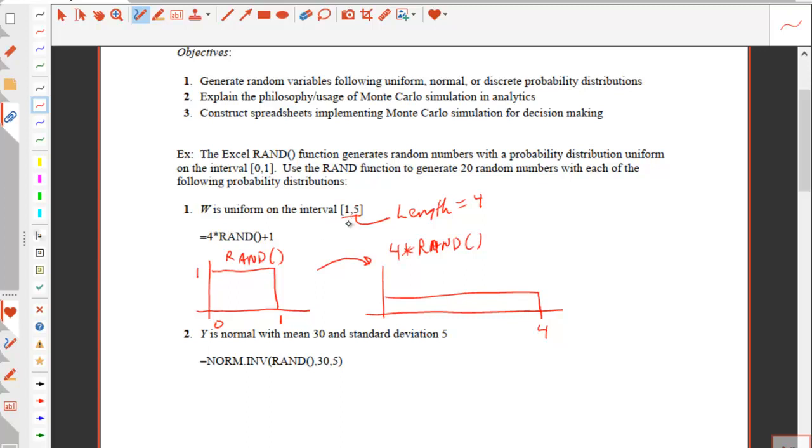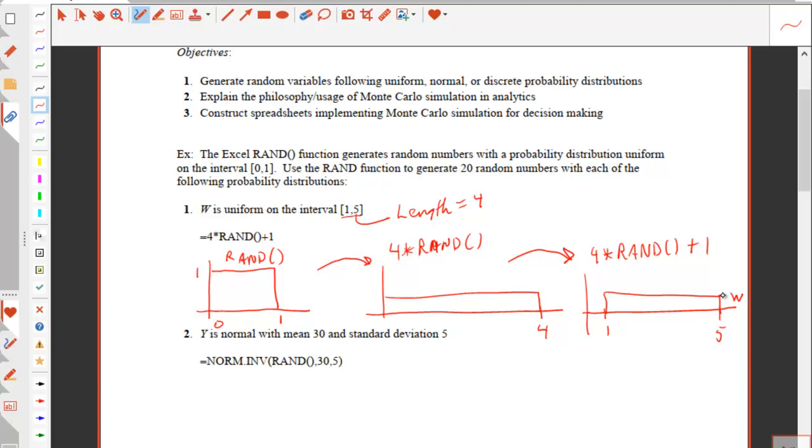But I didn't want 0, 4, I wanted 1, 5. And so if I take this interval and scoot it over by 1, then I will get the random variable w that I was talking about that is uniform on 1 to 5. So what I really want to do is 4 times RAND to get the right length first, and then add 1. And now that will produce random numbers according to the formula that I want.